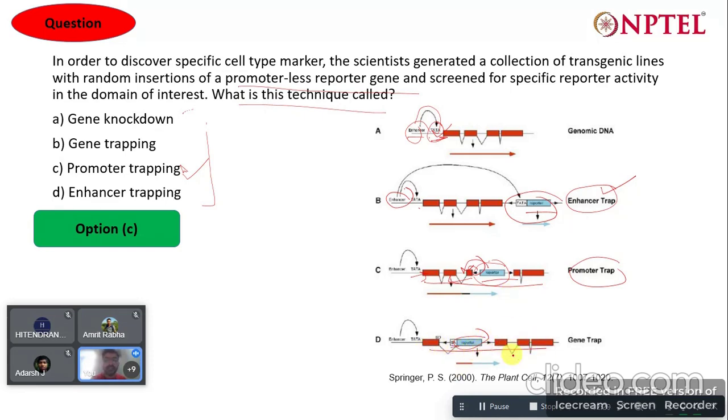So after that, what we get is a gene that is fused with the reporter after the splicing has been done. Okay, so this is the gene trap mechanism that takes place. So this is how different trap mechanisms are used inside the plant.